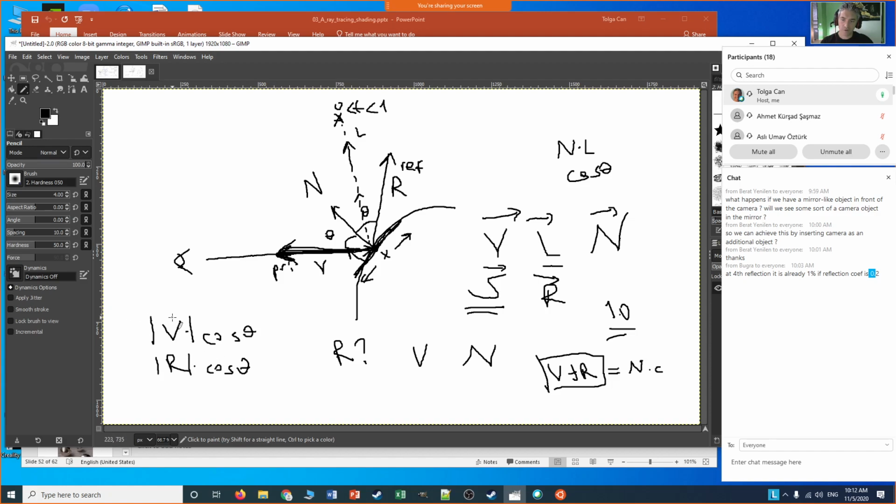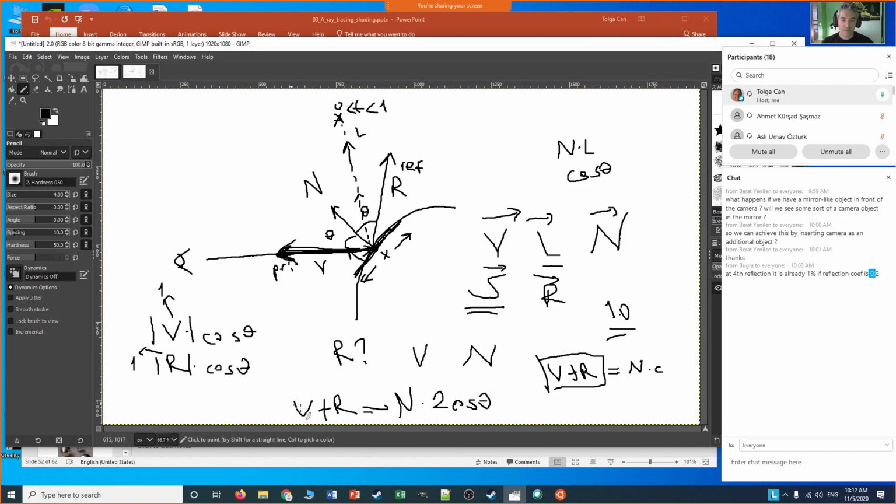Since these are unit vectors, this is 1 and this is 1, so when I add these two vectors v and r, the length of the summation will be equal to 2 cos theta. So v plus r is a vector in the direction of n with length 2 cos theta.